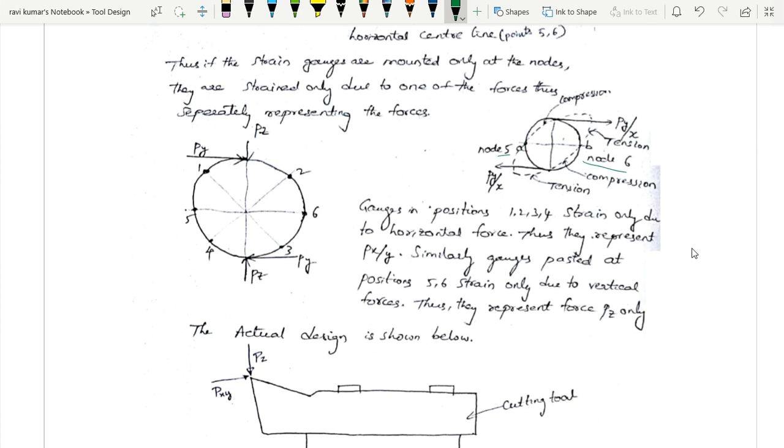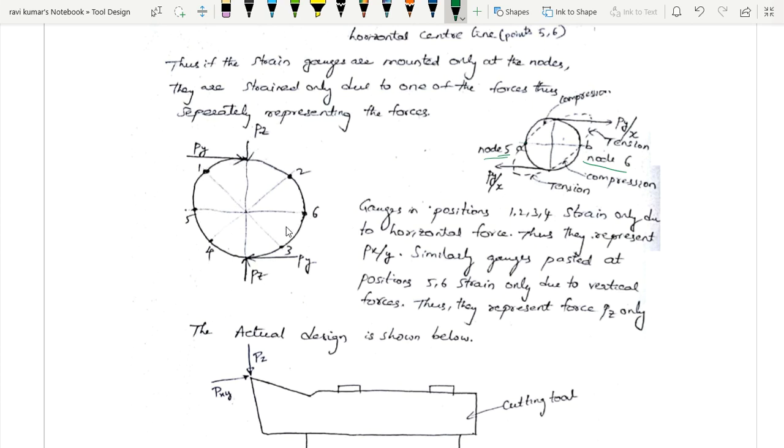So this they call strain loads. Now what I shall do is, I shall put the strain gauges at places 1, 2, 3, 4 as well as 5, 6. As I apply this Pz as well as this Py, I should understand that the Pz affects only 5, 6.